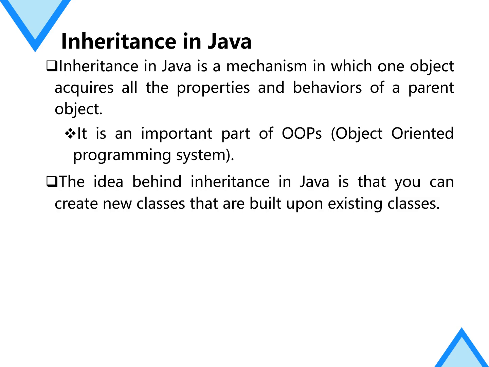The idea behind inheritance in Java is that you can create new classes that are built upon existing classes. So you are just extending the already available class, and through this mechanism you are able to use both the data members and member functions of the old class.